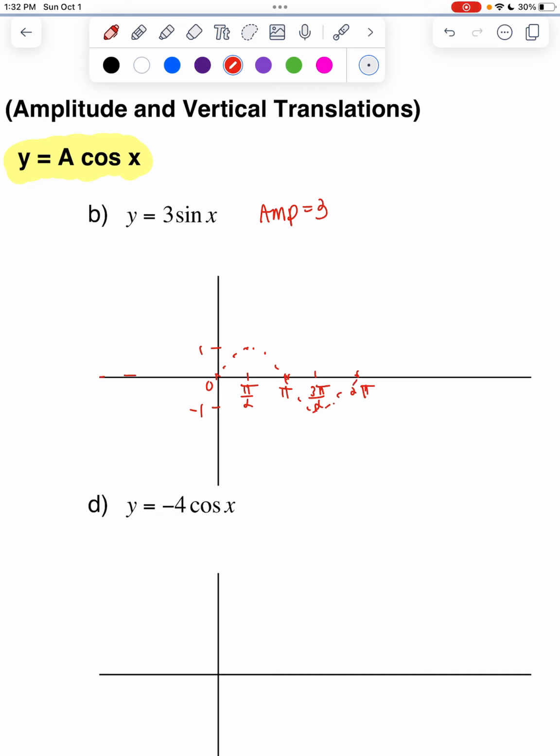Again, our midline is at y is equal to 0. We're just amping our graph up to 3. So I'm going to create new tick marks on my y-axis. I'm going to start at 0, go all the way up to 3, back down to 0, down to a negative 3, and then back up to 0. So right here is our new function.